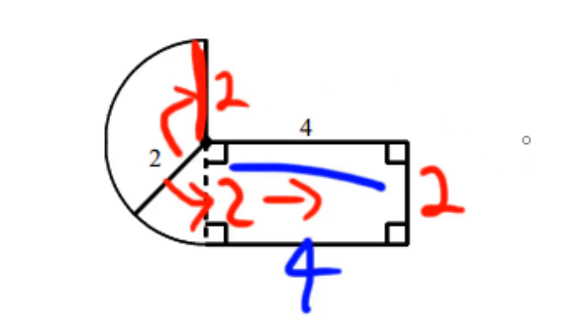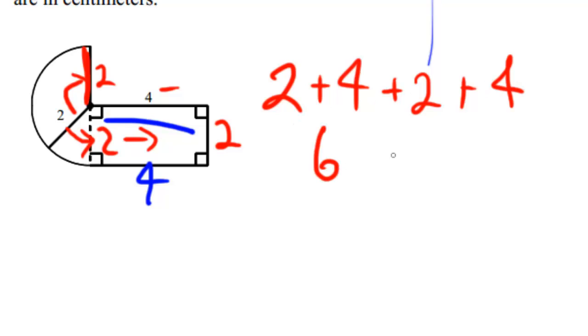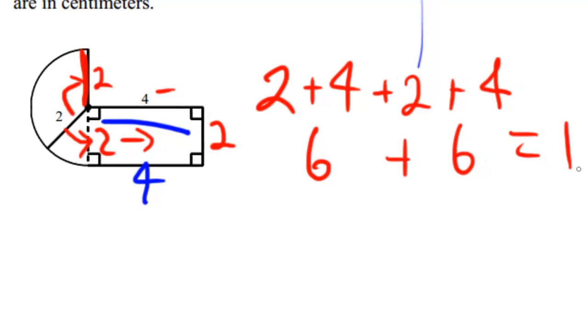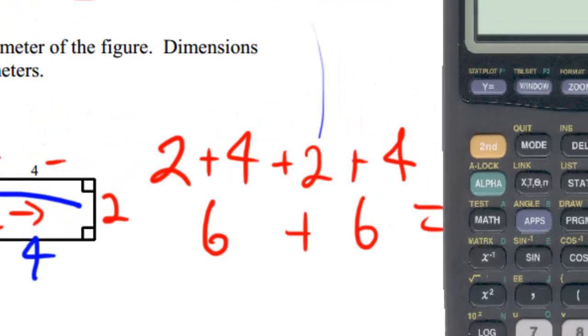So we're going to add 2 plus 4 plus 2 plus 4, and I know that 6 plus 6 is going to give us 12. So we're almost done. Next, what we're going to need to do is multiply this radius 2 by pi. So again, let's go to our calculator.